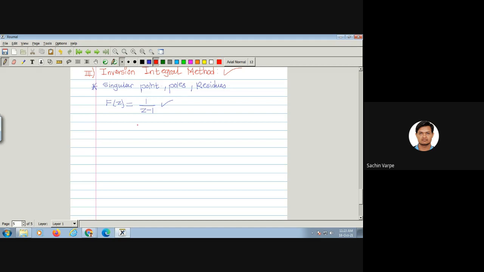Here comes the terminology: analytic function. If a function is differentiable, then it is analytic.